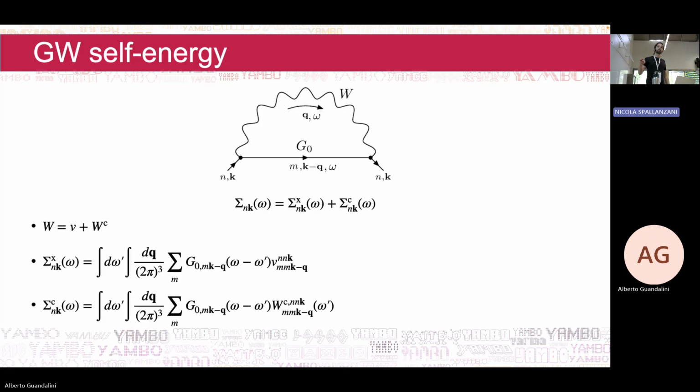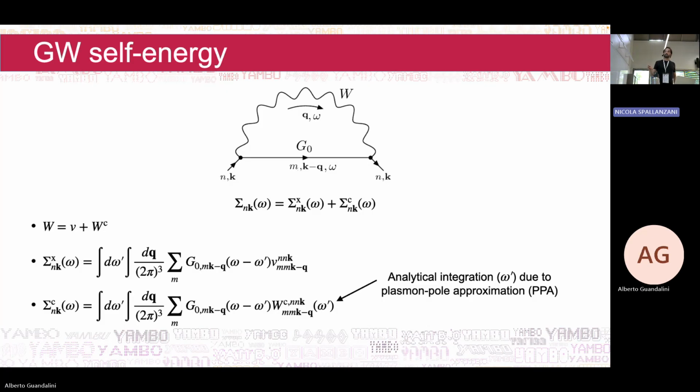And as the self-energy is linear with respect to W, this corresponds to a splitting into 2 pieces of the self-energy. We recognize that the first piece is just the Hartree-Fock term, and the second term is some correlation energy, which gives you the difference between Hartree-Fock and GW and contains the physics of the dielectric properties of the material.